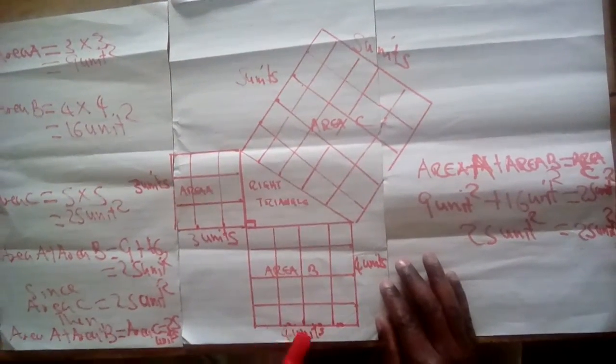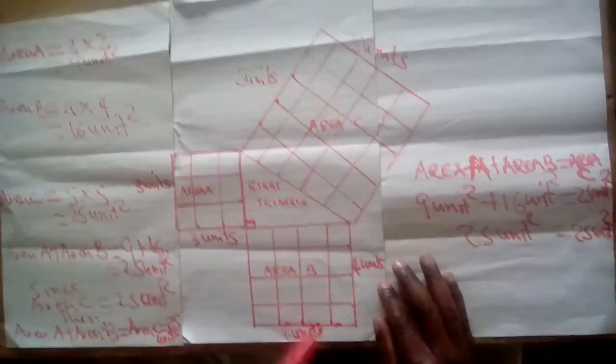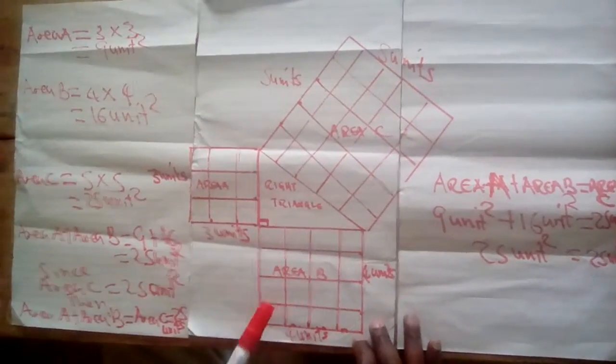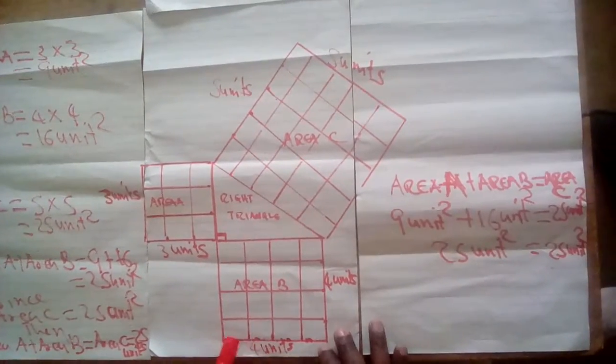Now, suppose you construct a series of horizontal and vertical lines for this square, and suppose the distance between the lines is 1 unit.